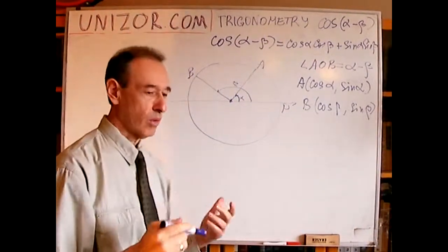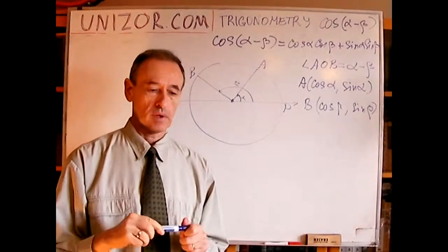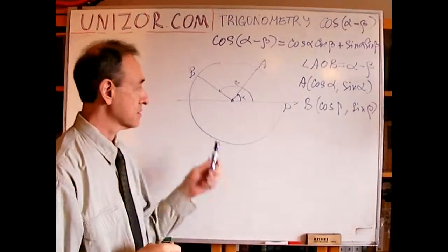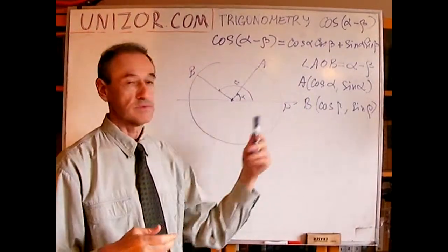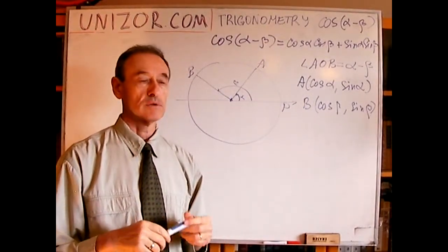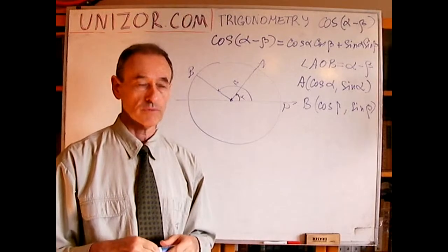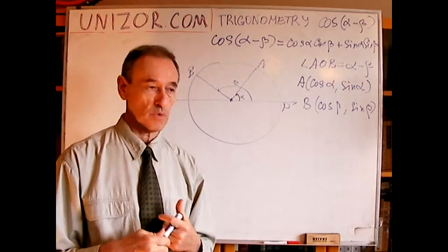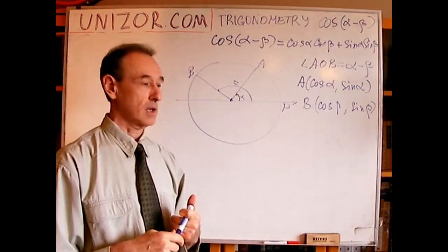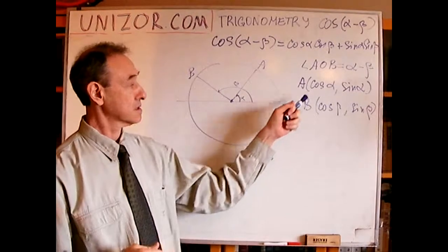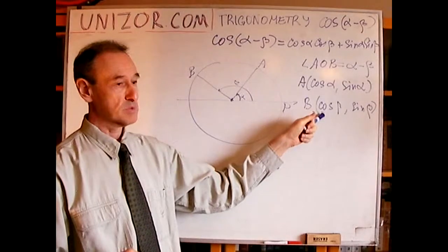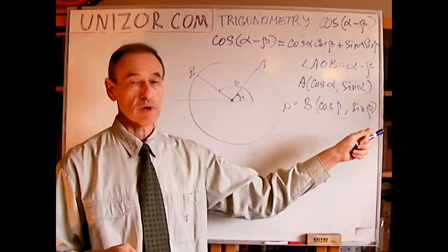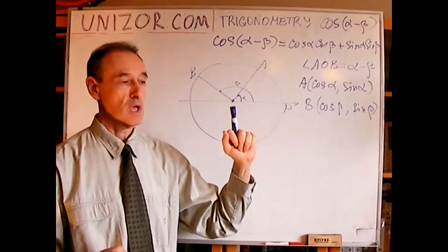Now let's recall the Cartesian coordinates in this plane. Knowing the coordinates of these two points, I can use the formula for the distance between them. The square of a distance is the square of the difference between abscissas plus the square of the difference between ordinates.